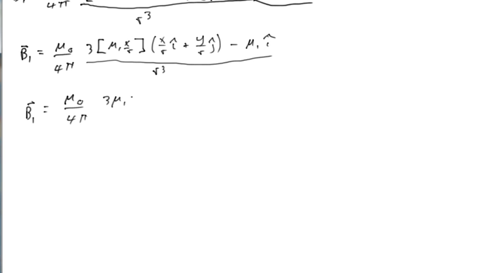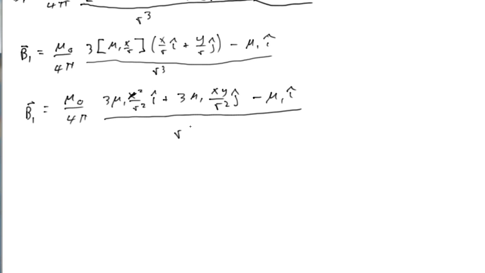So 3 mu1 x squared over r squared times I hat, plus 3 mu1 xy over r squared times j hat, then minus mu1 I hat, all divided by r cubed.